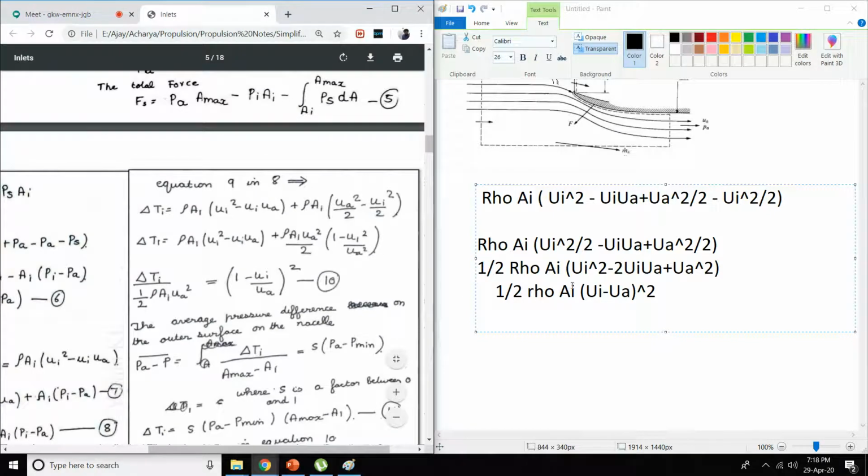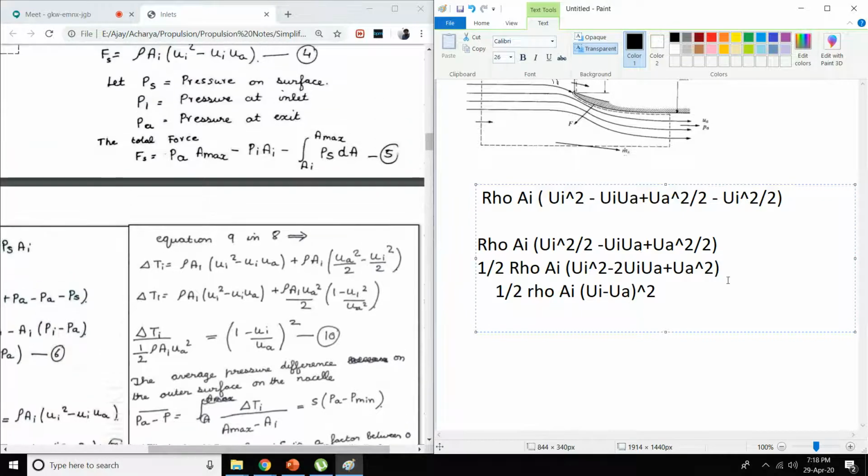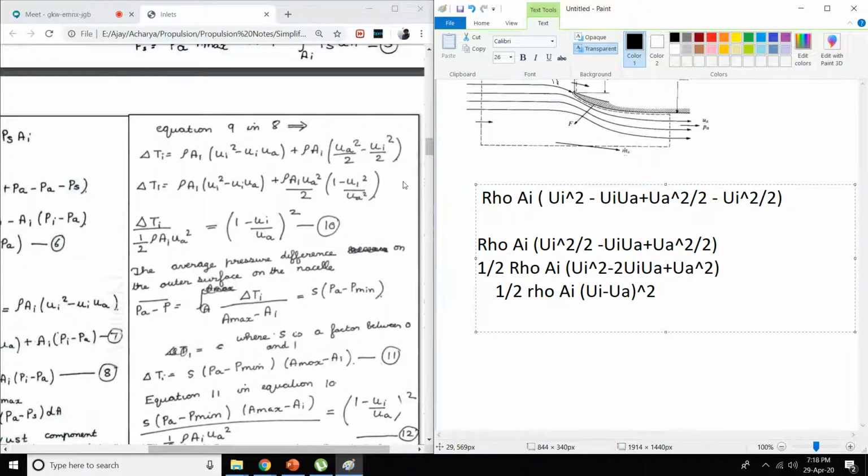No, I think one mistake I made was Ui square minus Ui Ua plus, okay, my mistake. Here, it is minus Ui plus Ua square by 2, minus Ui square, but here it is negative.